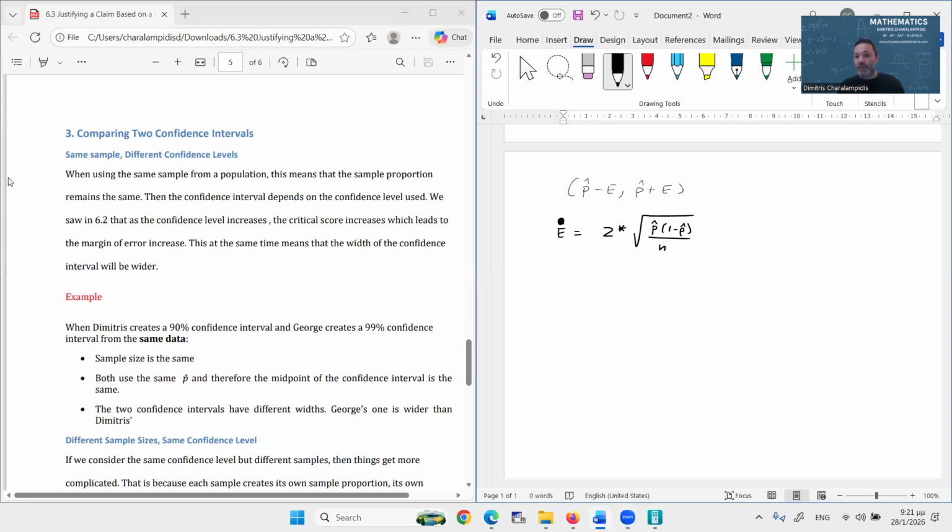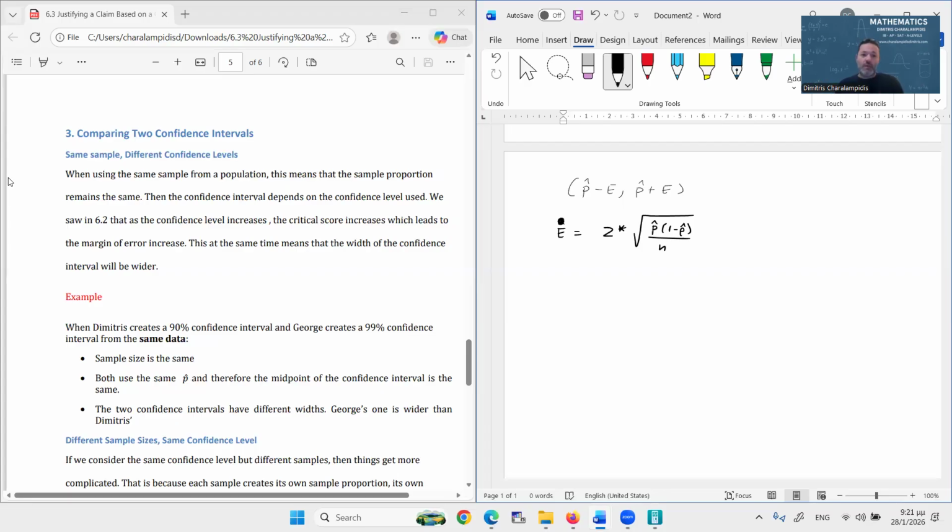So we can clearly see, and we saw that on 6.2 as well, that the entire confidence interval relies on three factors: the Z critical score, which depends only on the confidence level selected, the sample proportion, and the sample size.